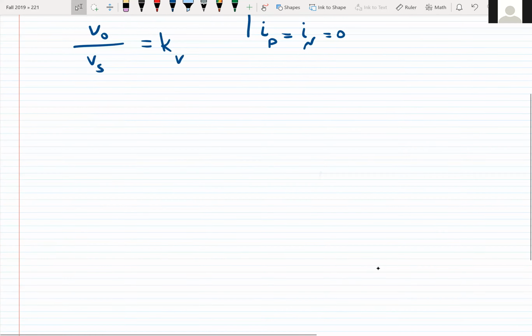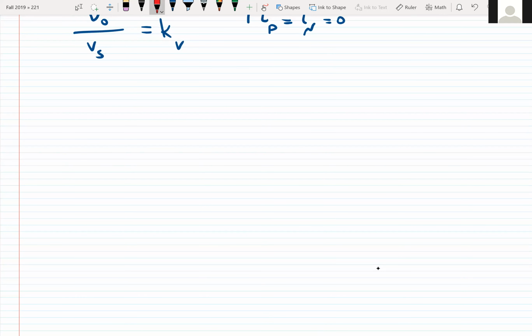Okay, so here I'm going to show you the second example for op-amp. Before talking about the examples, let me introduce the inverting amplifiers, because the last thing we discussed in the last class was the non-inverting amplifier.